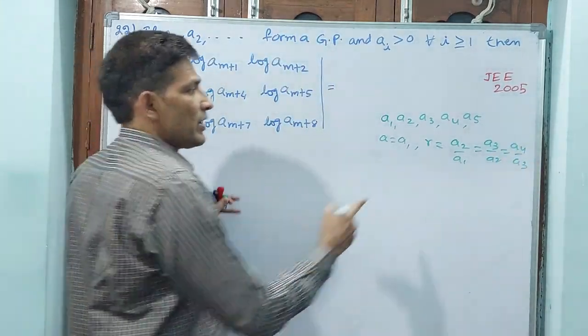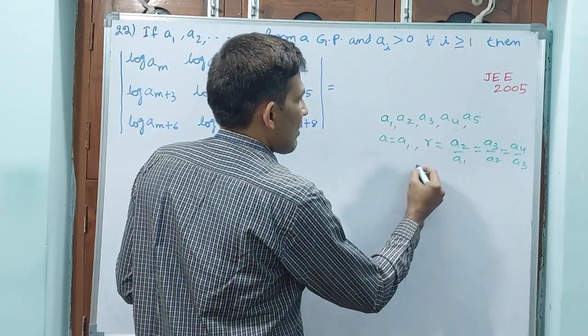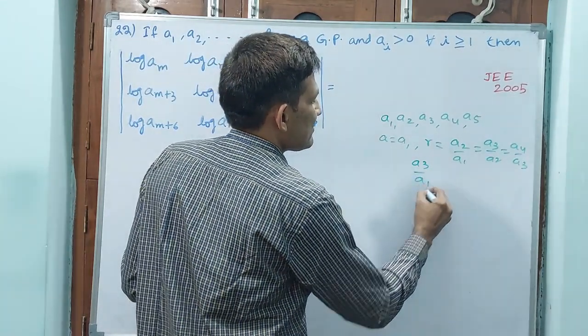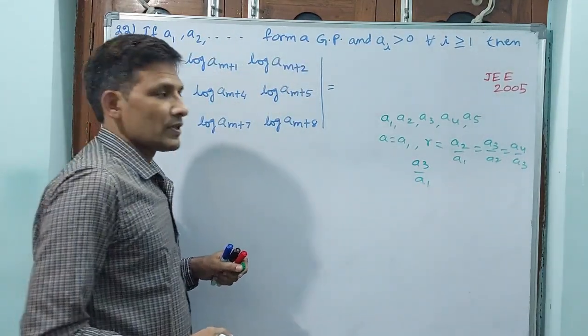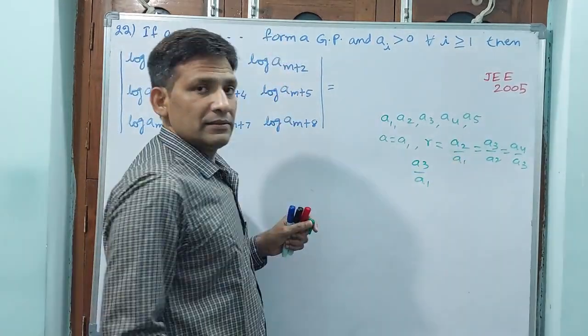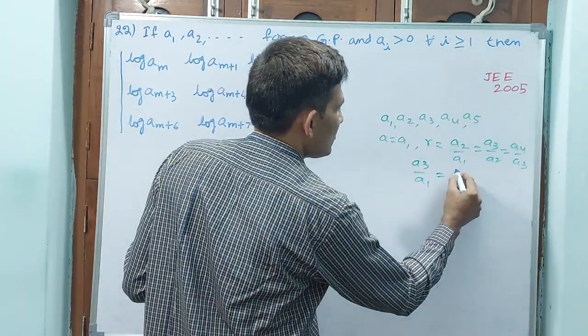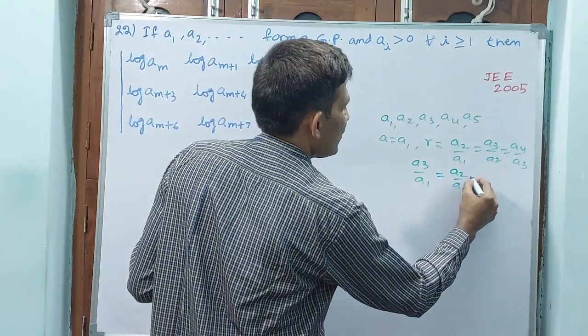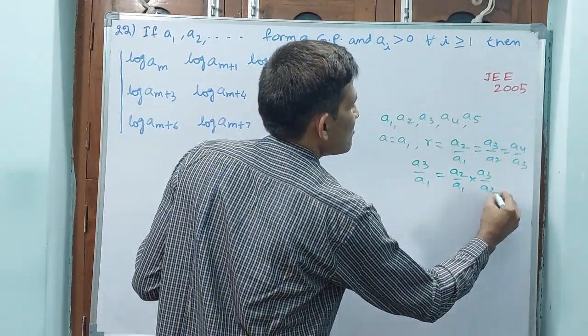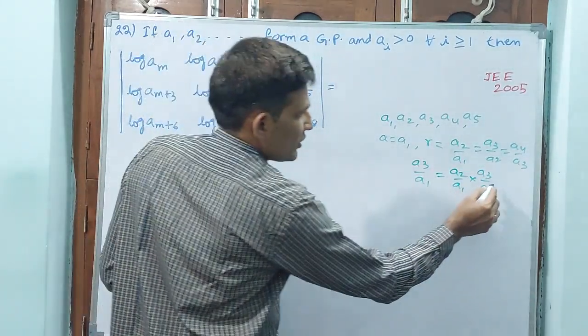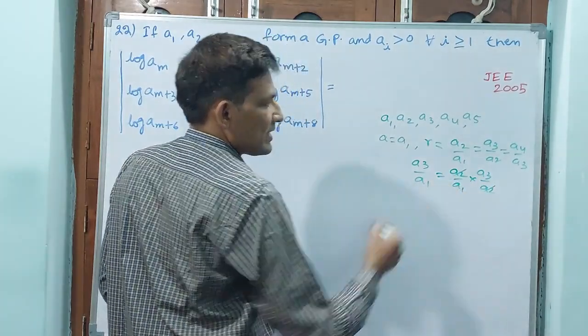See, if this is R, then what about A3 by A1? A3 by A1 is equal to A2 by A1 into A3 by A2. You see, A2 gets cancelled.